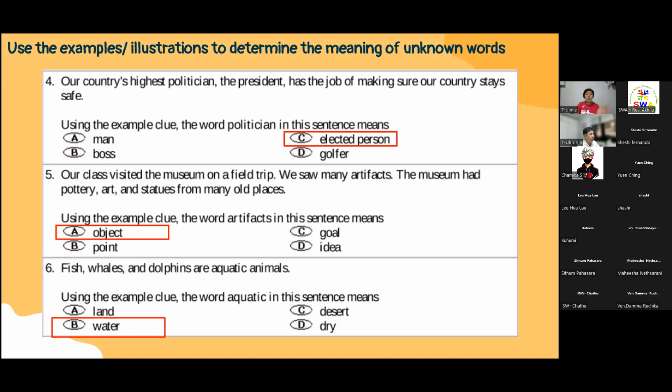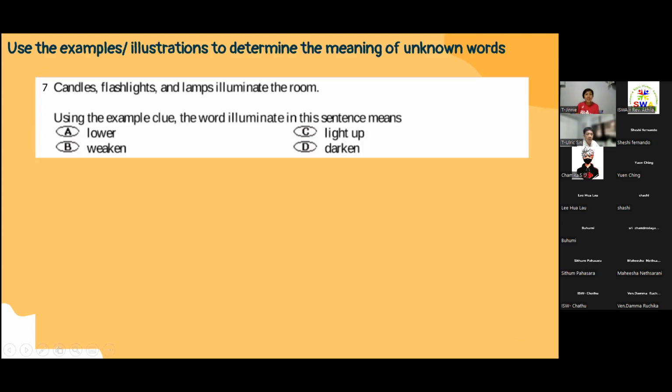If you're lucky, your text would have different context clues, prefix, suffix, affixes, or root word, or even examples and illustration. Here, in most of the questions, there is no example of definition or meaning. So very good. Now let's take a look.